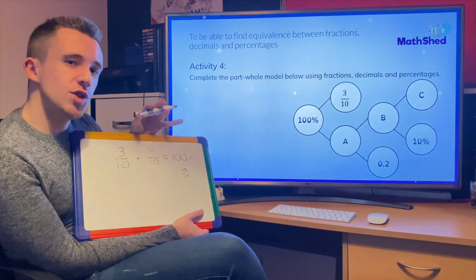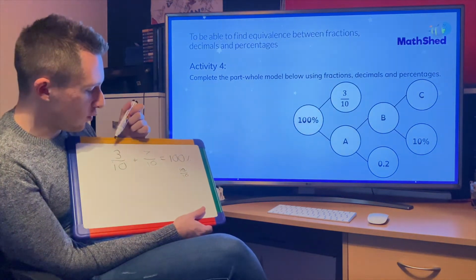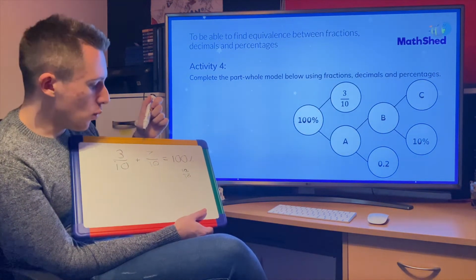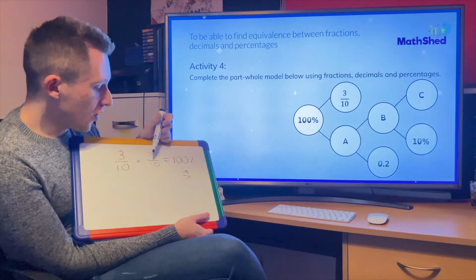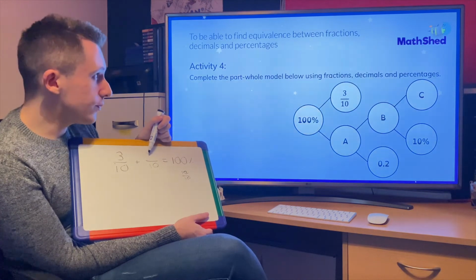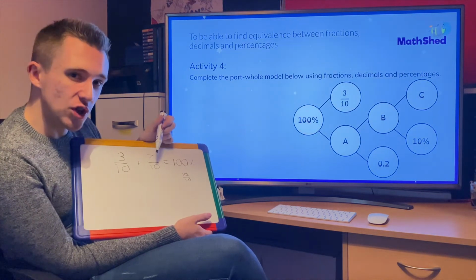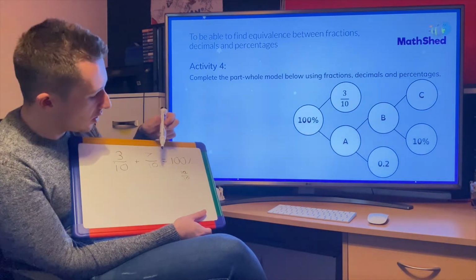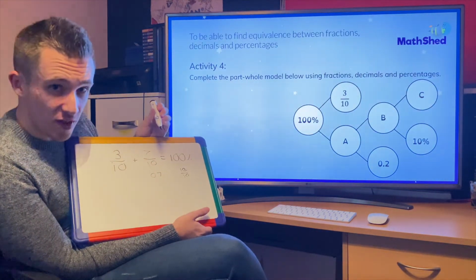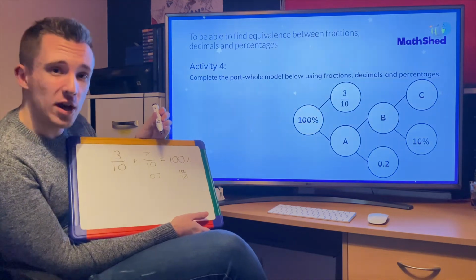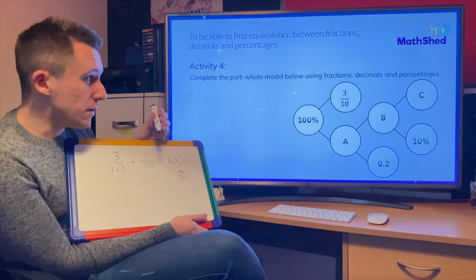But what this wants you to do is it wants you to give one fraction, one percentage, and one decimal. So you would need to take the 7 over 10 and turn that into a decimal. That would be 0.7.